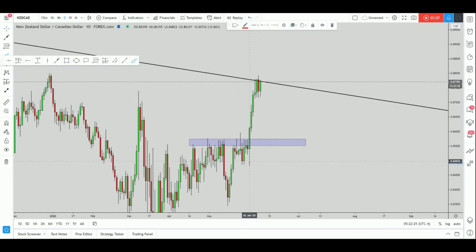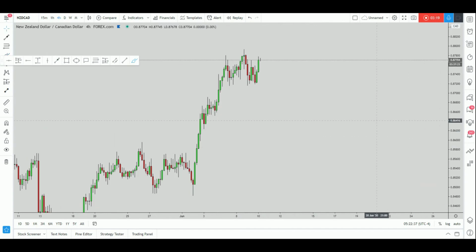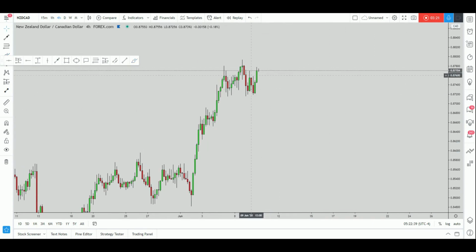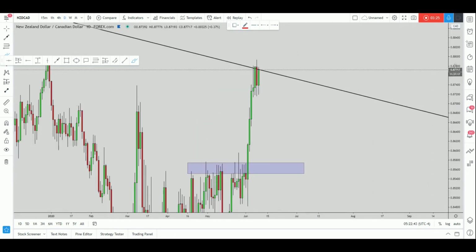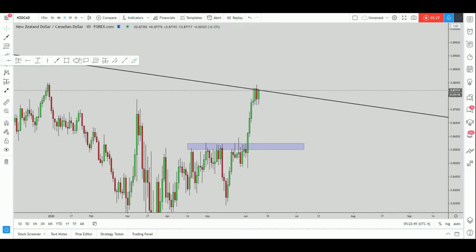But now, since the market has shown so much strong movement to the upside, we need to see a proper deceleration before we can be looking for the move down, because from a 4-hour perspective, everything is absolutely bullish. So we need to see proper deceleration, a shift from a bullish market to a bearish market from a 4-hour perspective, before we can be looking for any potential shorts.